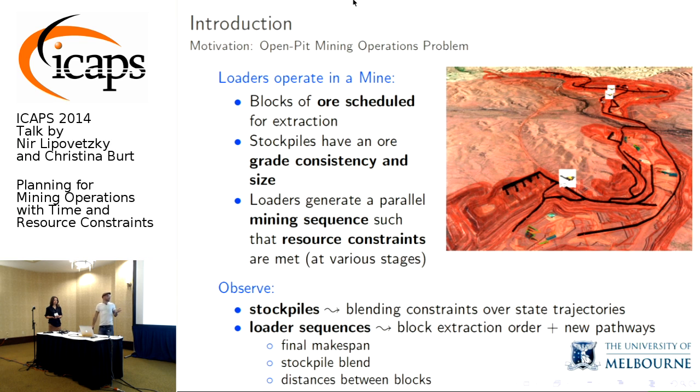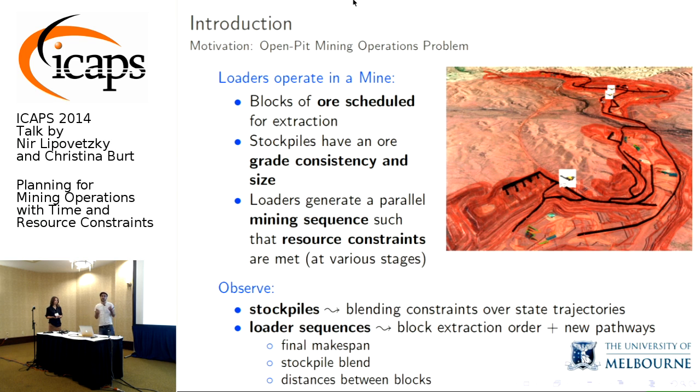So the observations: we've got two players here, mainly the stockpiles, which are the ones imposing the resource constraints over the trajectories, and then we have the loader sequences that are actually doing two things. They are imposing the order in which you mine the blocks, and they also create new pathways. This is important because when you extract a block, you may be changing the distance to another block.